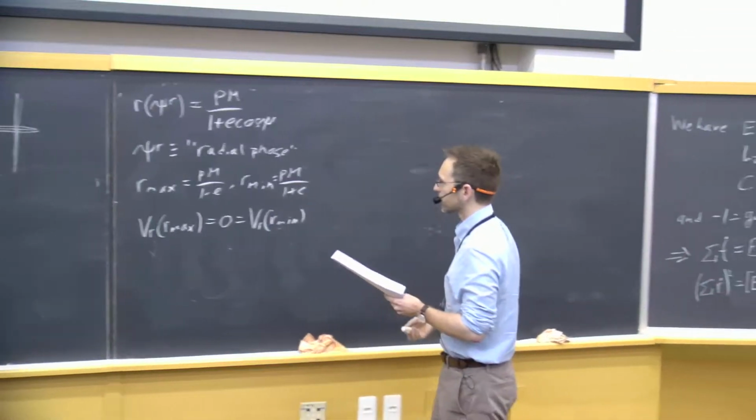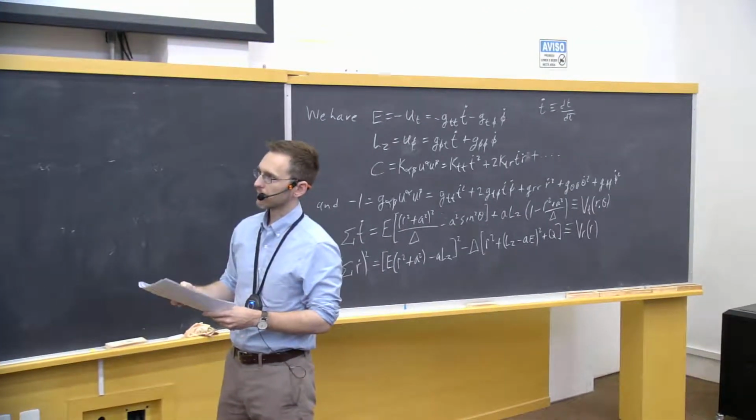So these are the two points of the motion where dr d lambda is 0.